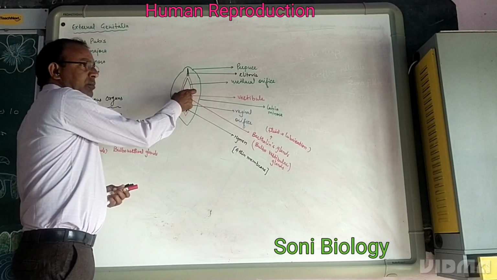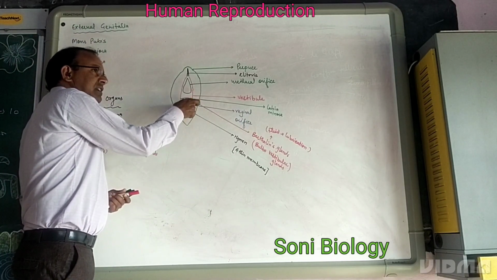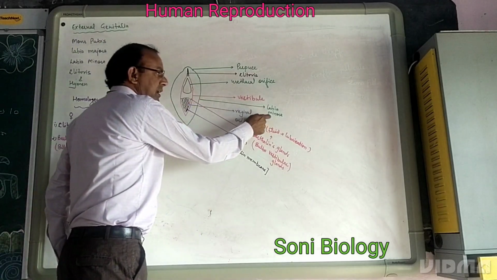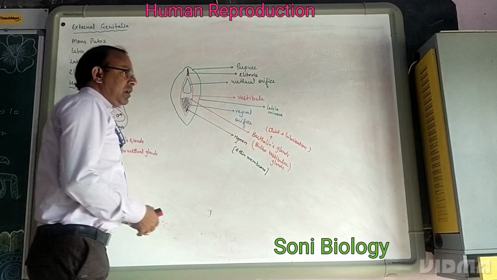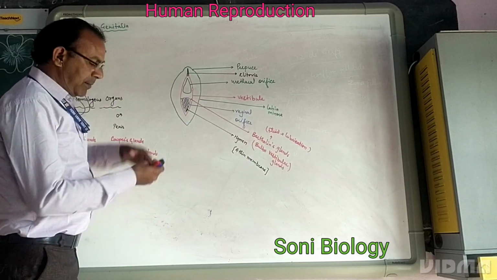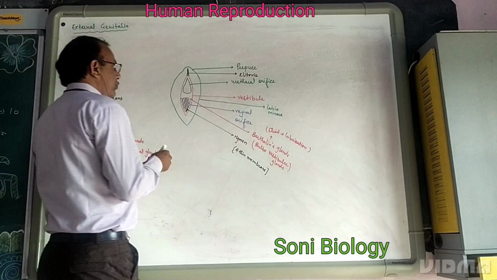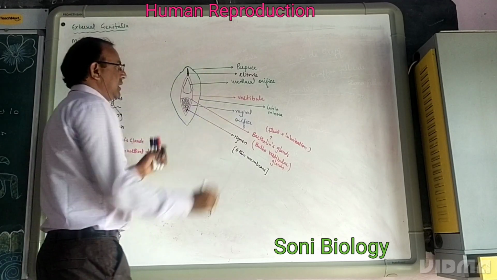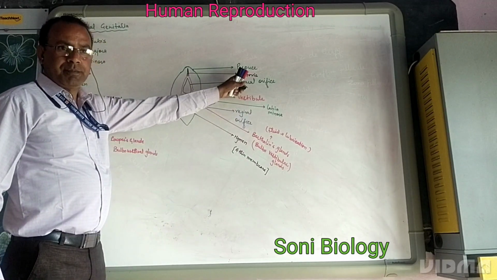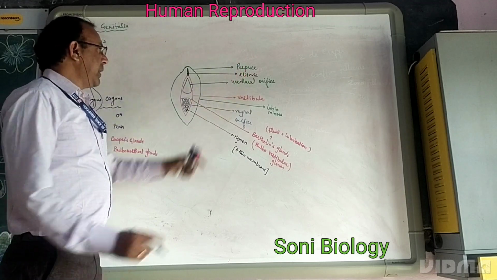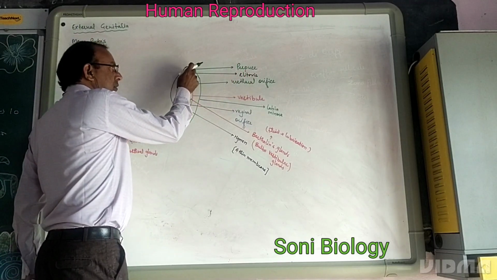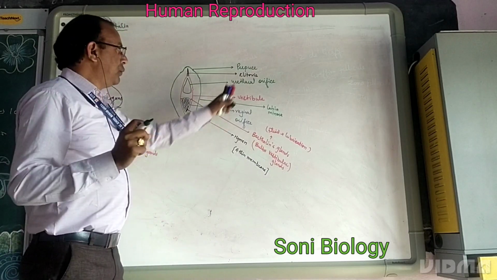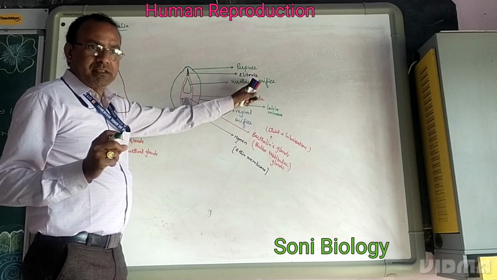Just outside the vestibule, a pair of folding skin, lip-like structures is present, known as labia minora. At the upper side, labia minora becomes soft folding skin, known as prepuce. Prepuce may cover one finger-like projection, one erectile body, which is known as clitoris.